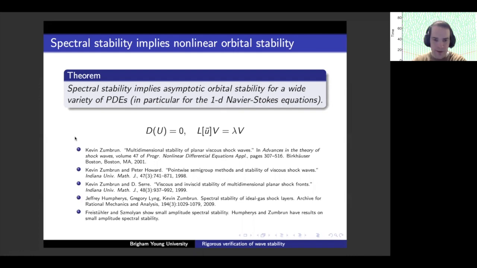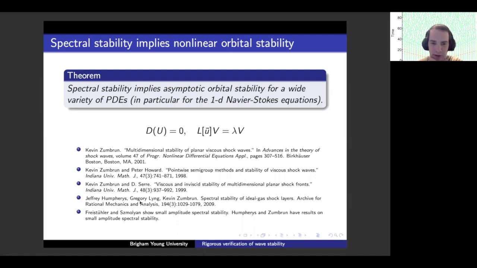There are a number of references here that provide background on this theorem. My PhD advisor and several of his collaborators have worked with conservation laws and shown this nonlinear stability theorem. And of course, there are other systems besides conservation laws and lots of other people we could reference, but these are the relevant references specific to our problem.